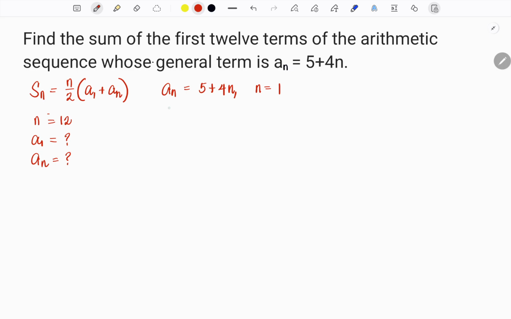So we have a sub 1 equals 5 plus 4 times n, where n is equal to 1. And let's simplify this. We have 5 plus 4 times 1 is equal to 4, and 5 plus 4 is equal to 9. Therefore, our a sub 1 here is equal to 9.